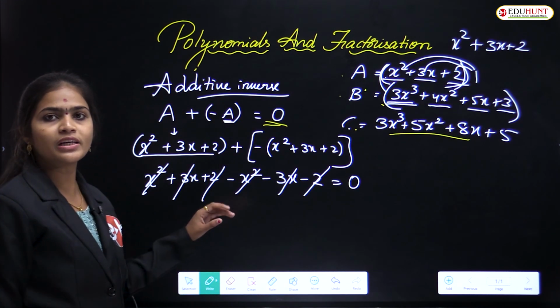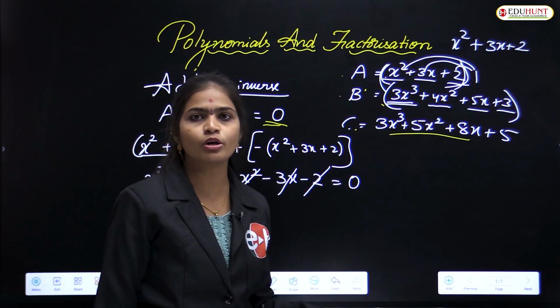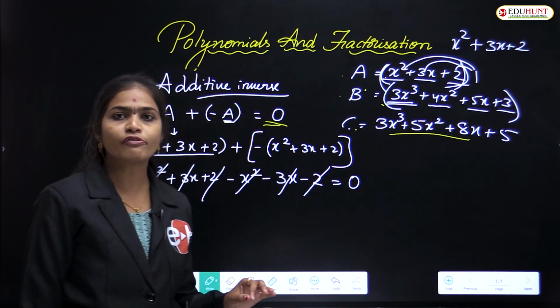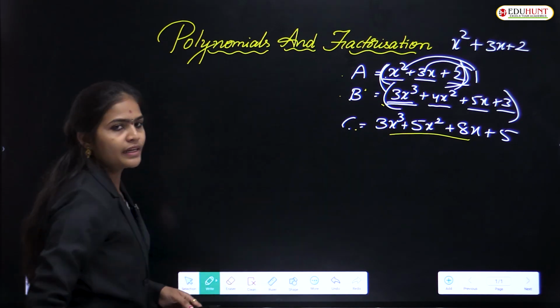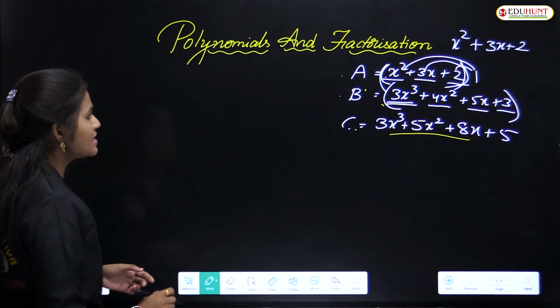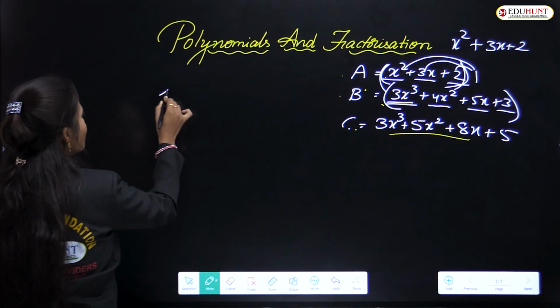So children, the additive inverse exists, no? Is it possible to take the multiplicative inverse of a polynomial? Is the multiplicative inverse of a polynomial a polynomial or not? Let us check. The additive inverse property exists. Multiplicative inverse means what?